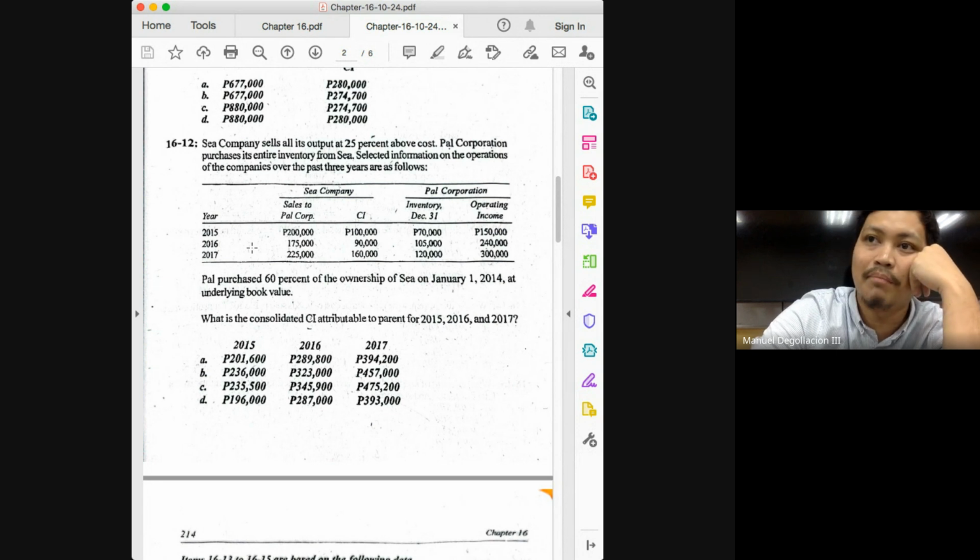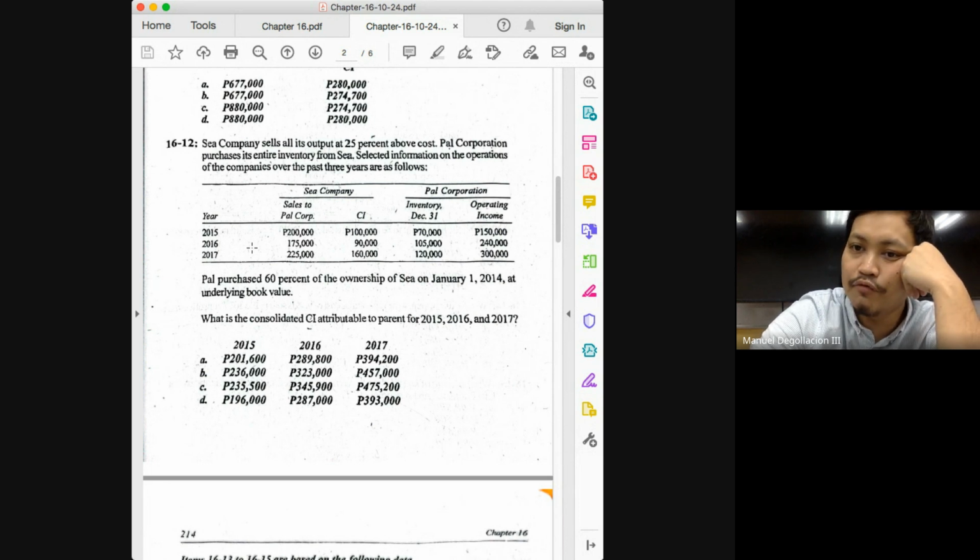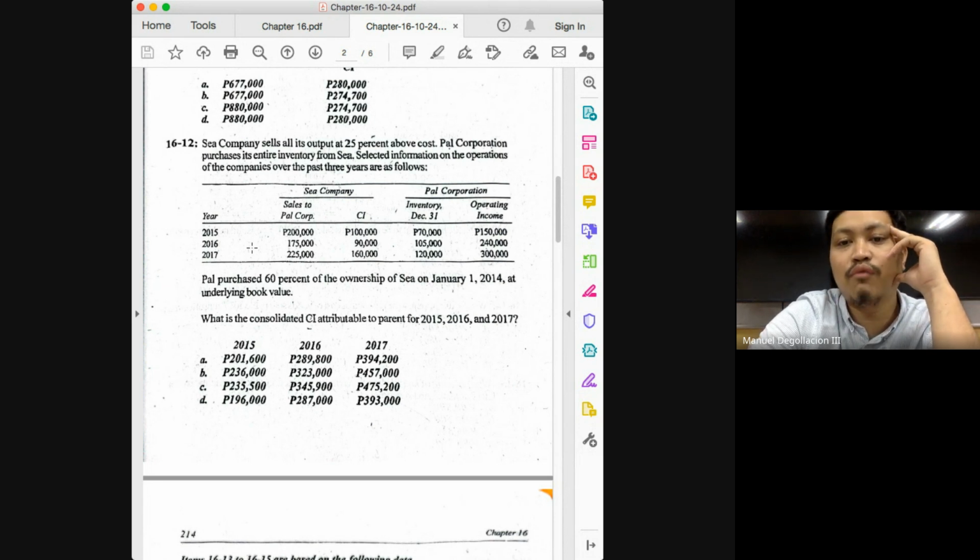And when will that happen? If we have downstream transactions. If we have intercompany transaction originating from the parent. So let's check that here first. See, we're already given the information from the problem. Let's just check if we have any downstream transaction.